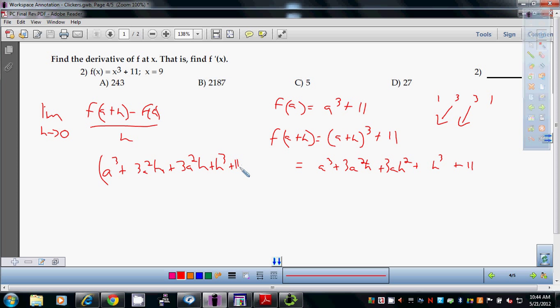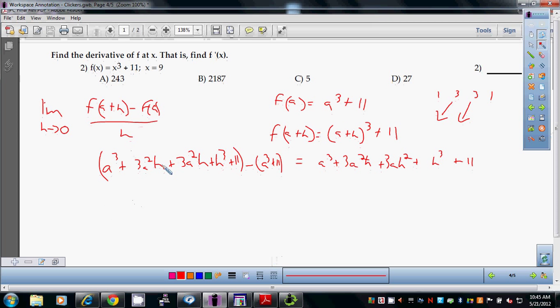I'm going to run out of space. All right, what should cancel if we did this correctly? That's right, everything in the right-hand portion.